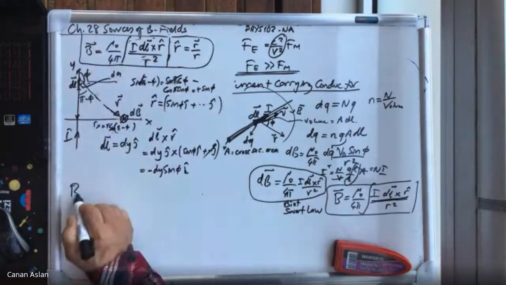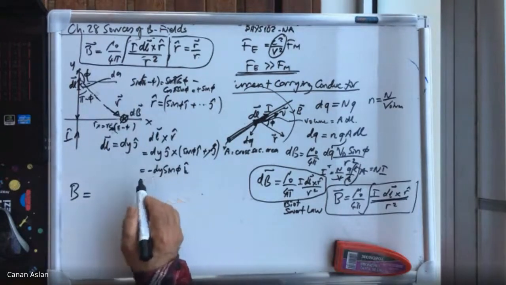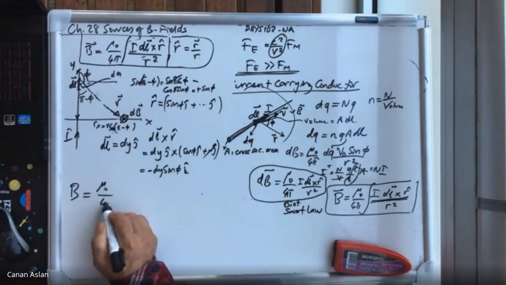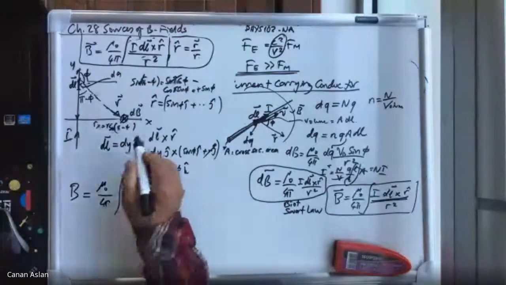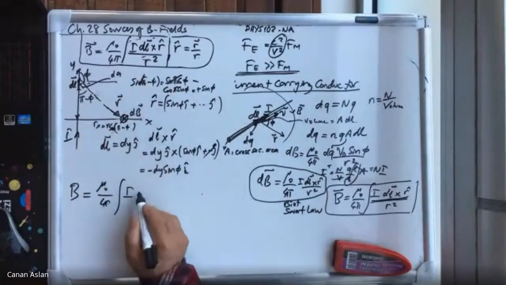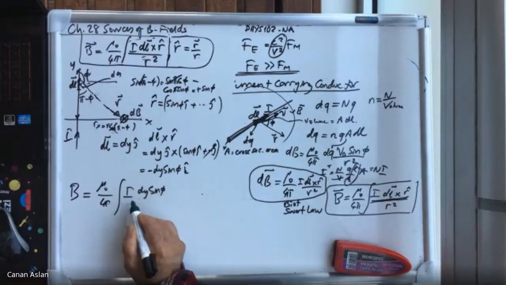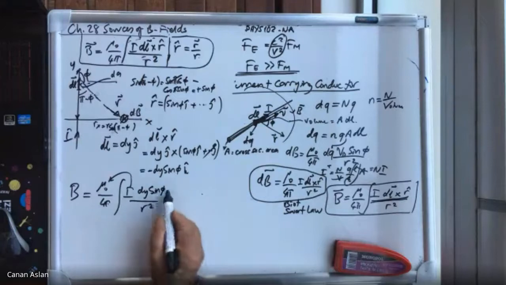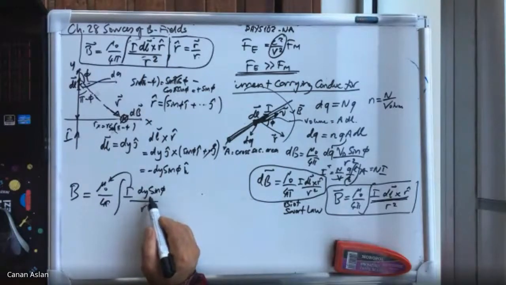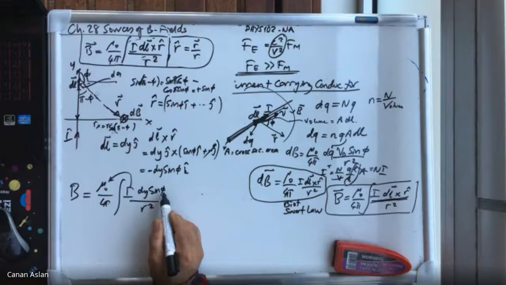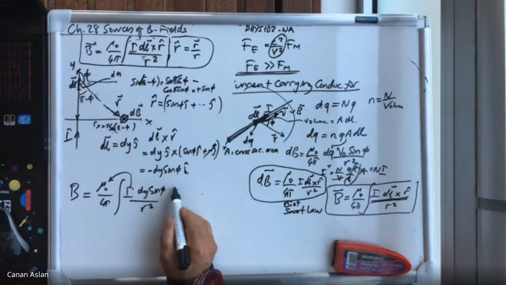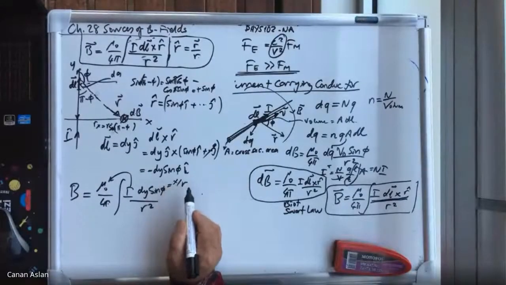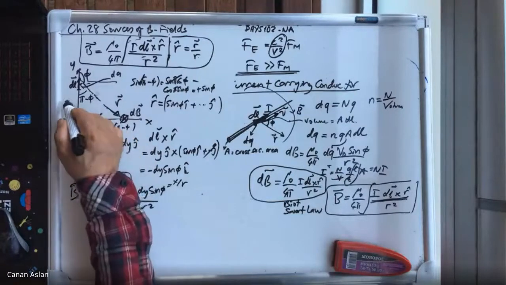So the direction is known, and the magnitude is just mu0 over 4 pi times I dl cross r, which gives us dy sine phi divided by r squared. And I, being constant, can be taken outside. As you see, this is an integral with respect to y, but it's very difficult because sine phi is x over r. We can do that since this is x and this is y.